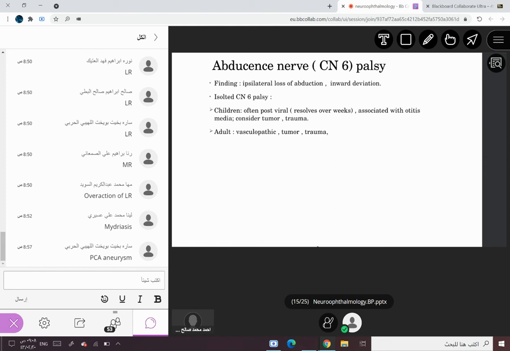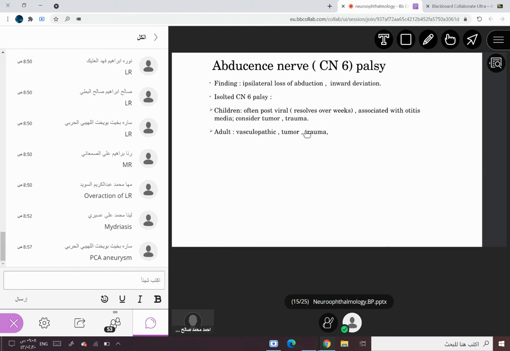Sometimes it is associated with ear infection or otitis media, and sometimes we have to consider tumor or trauma if it is not typical or if it is associated with other neurological signs. In adults, the sixth cranial nerve palsy is usually vasculopathic, or could be due to tumor or trauma.